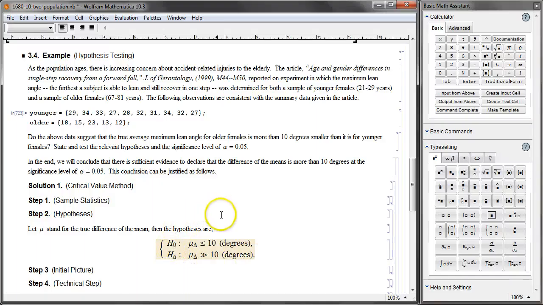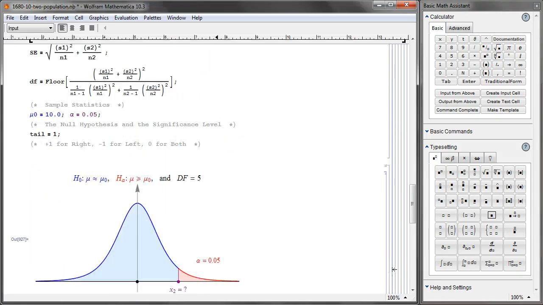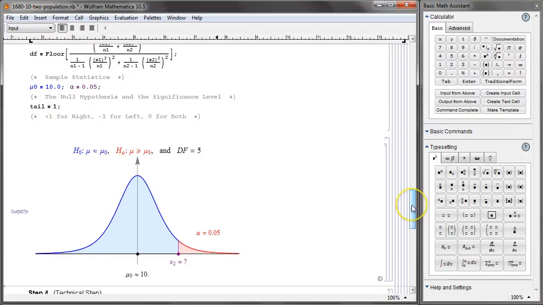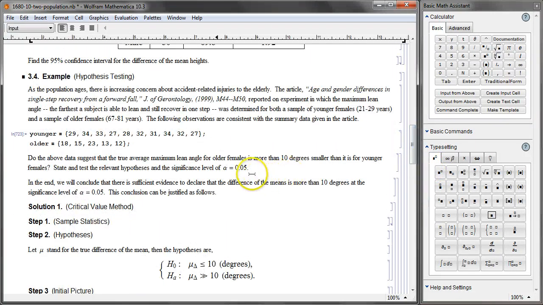Okay, now that we have this hypothesis, we have this initial picture. We have this t-graph around the null value of 10 degrees, and we have to find the critical number. Are we doing this for alpha equal to 0.05?